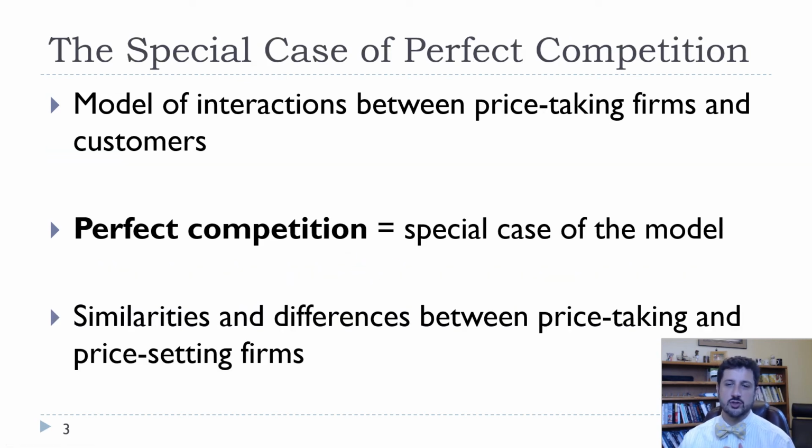So the special case of perfect competition is when we have a lot of price-taking firms, a lot of customers, and the goods or services are identical. That's going to happen when firms are producing identical goods like commodities.